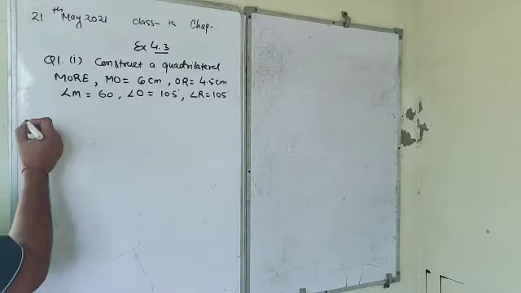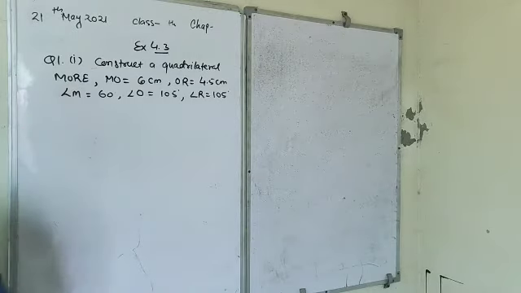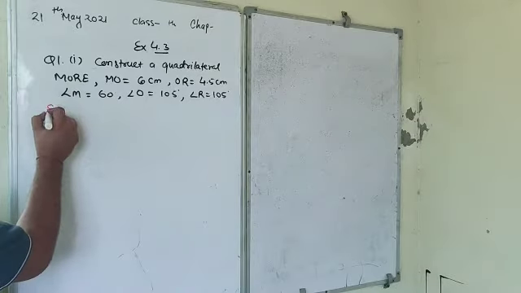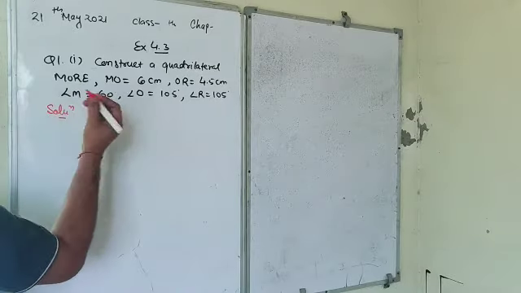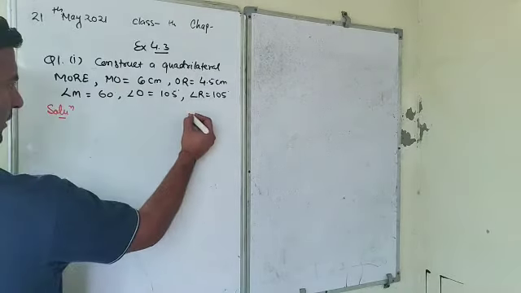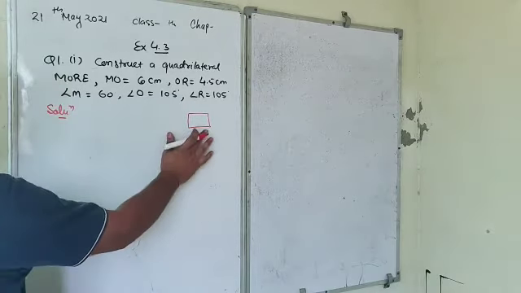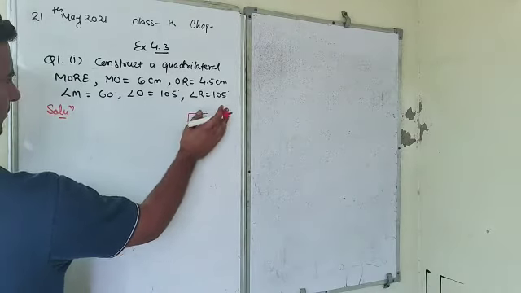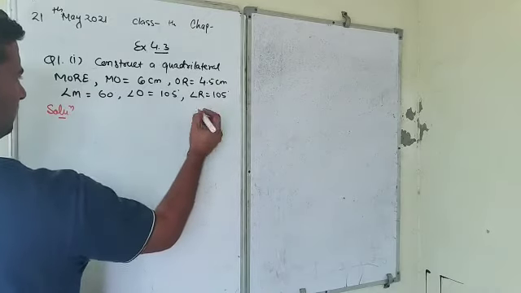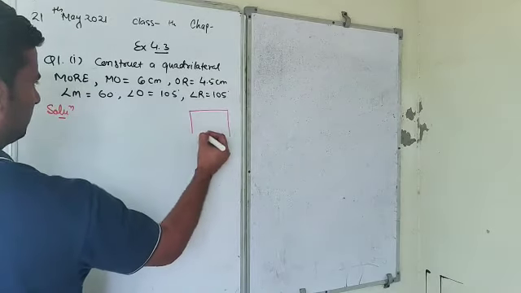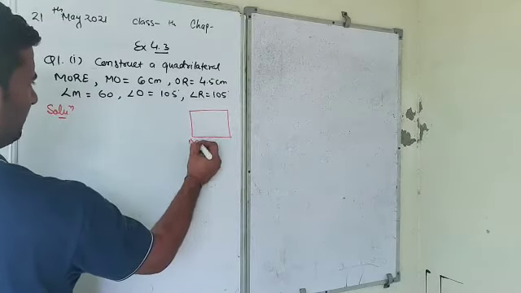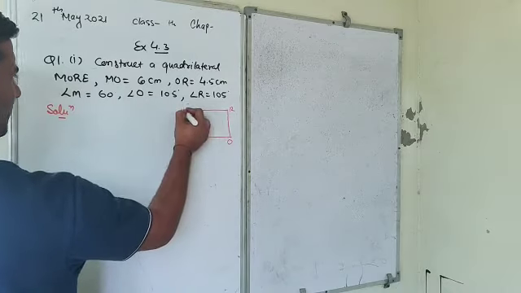Now first of all, let us make the rough sketch of this diagram. It is a quadrilateral having four sides. Its name is MORE.